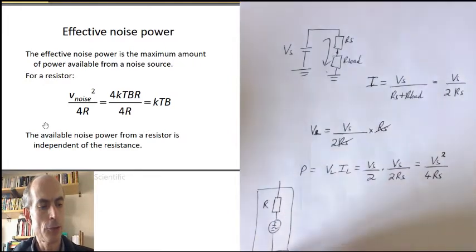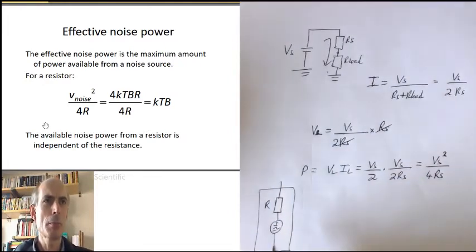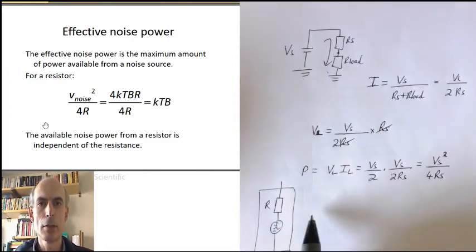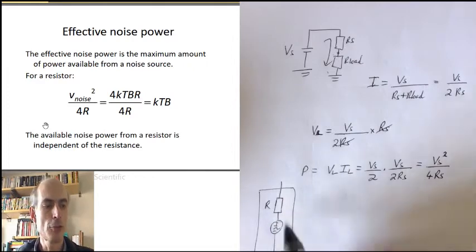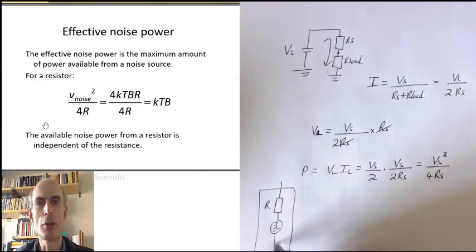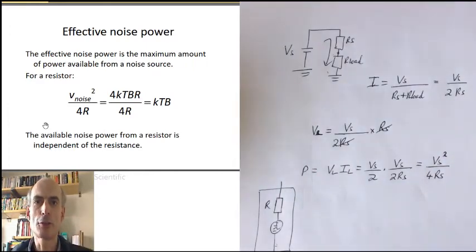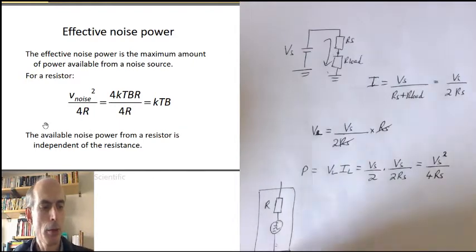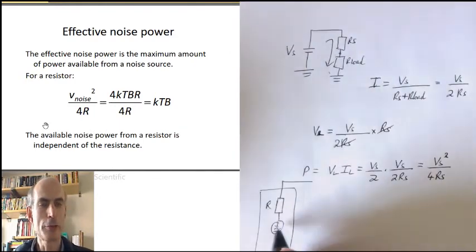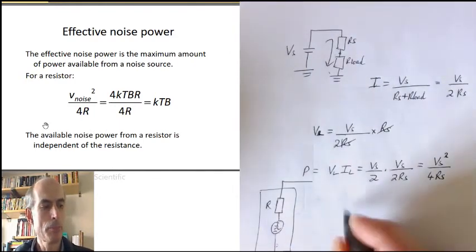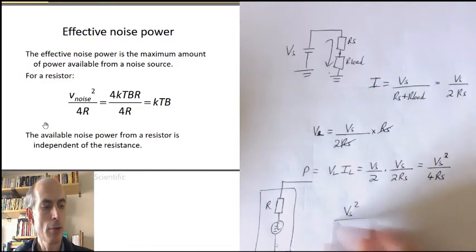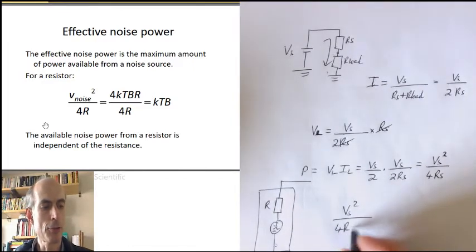And that allows us to calculate the maximum power that we could extract from a resistor, just due to the fact that the resistor is noisy and has a random potential difference across its terminals due to the random motion of the electrons and the nuclei in the resistor itself. Well, the maximum power that we could extract from this is given by Vs squared over 4 Rs.